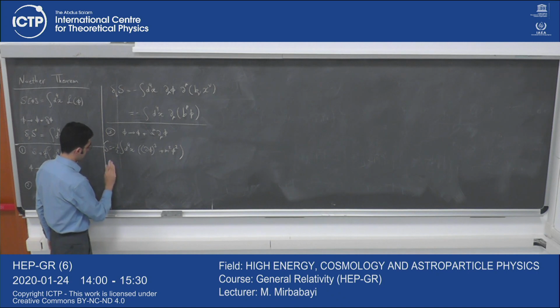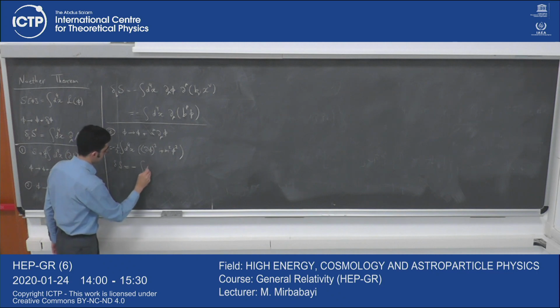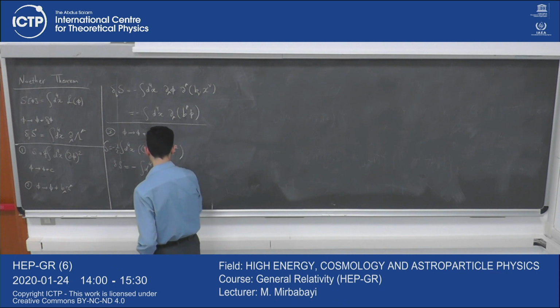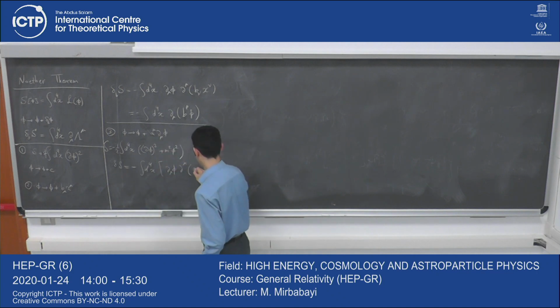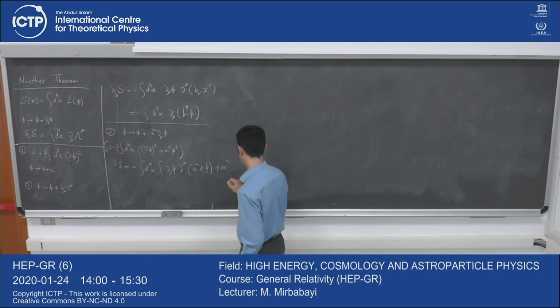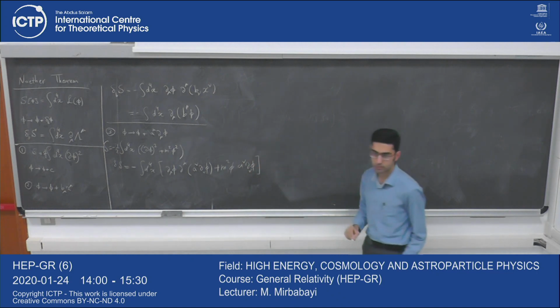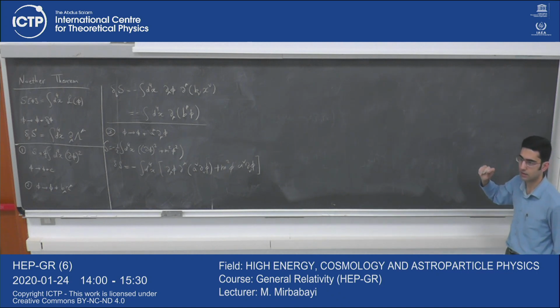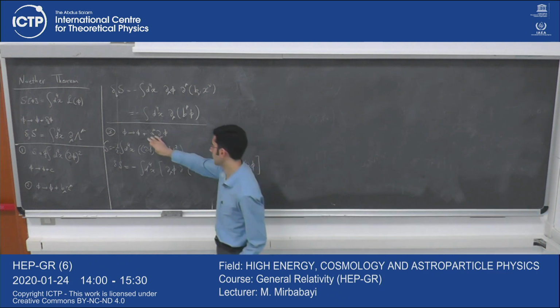And the change in the action is minus integral d4x of d^mu phi d_mu (a^nu d_nu phi) plus m squared phi a^mu d_mu phi. So I just plug that in and linearize in this parameter a.